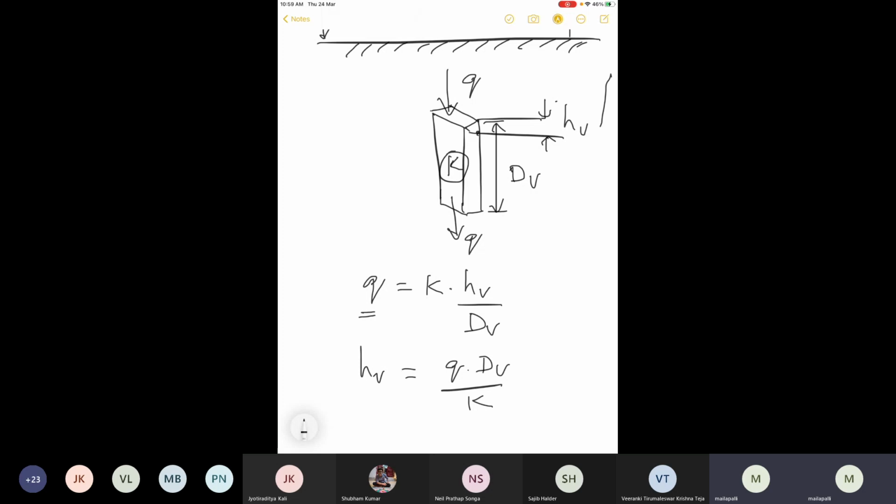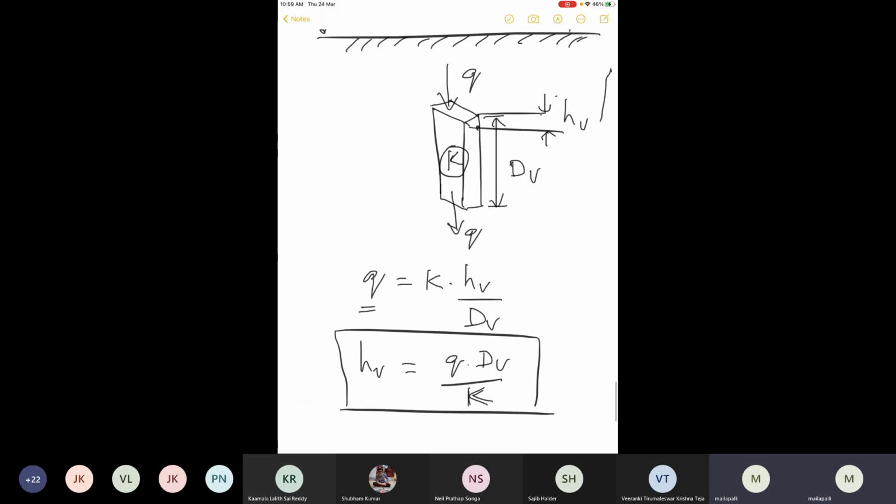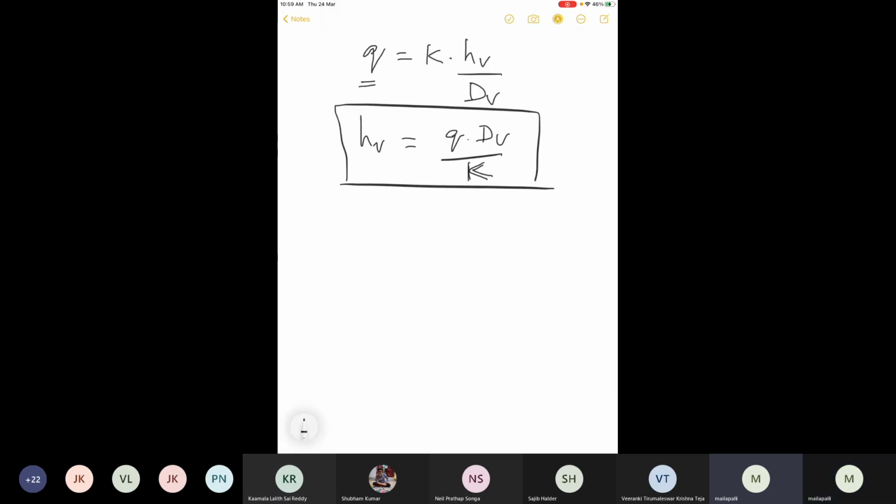Q is the recharge, so I'm going to define these terms. HV is the head loss due to vertical flow.